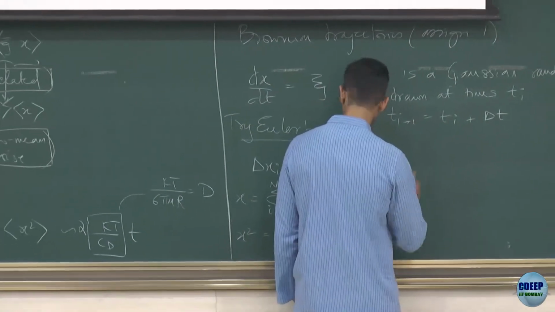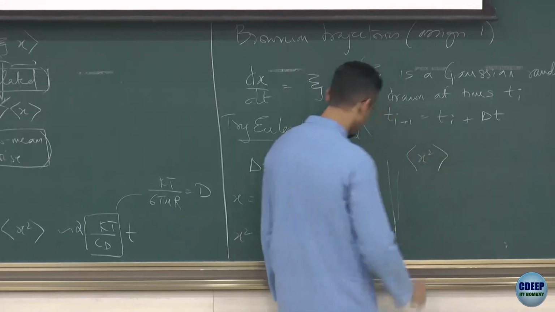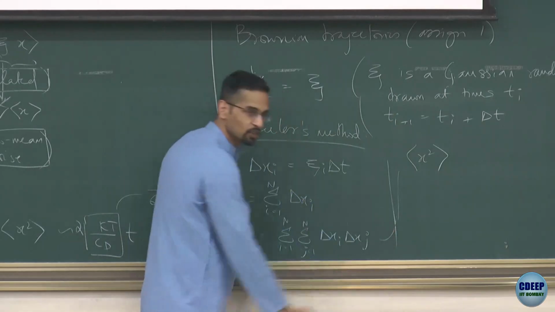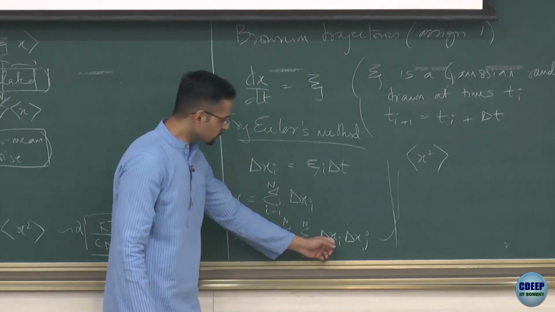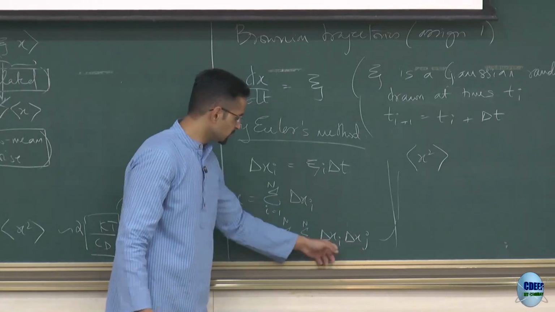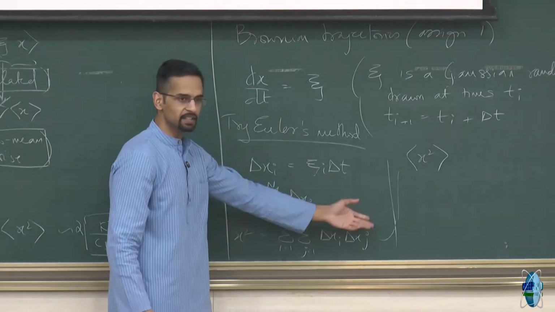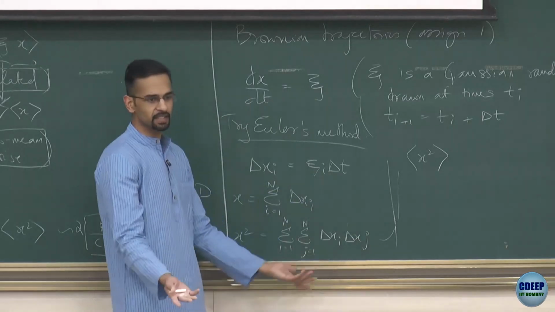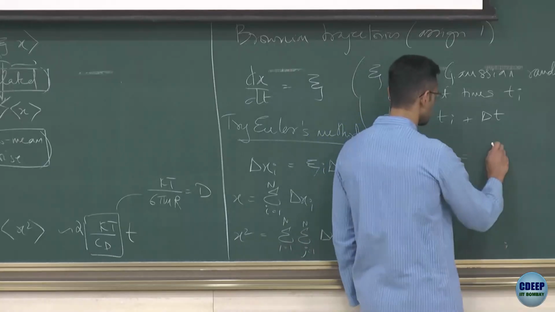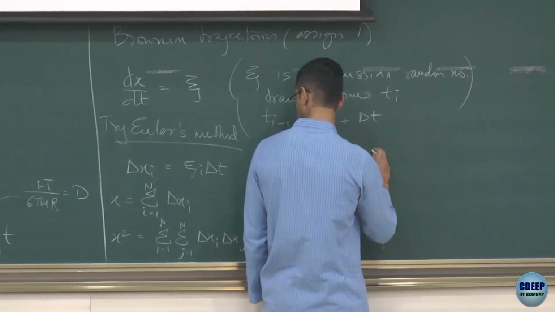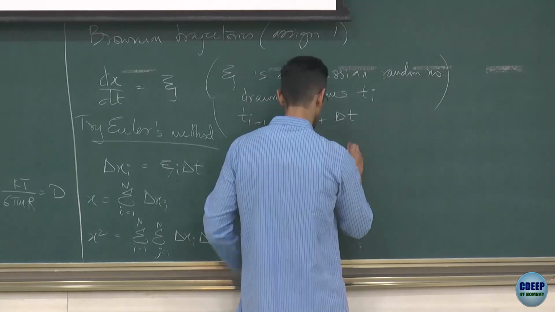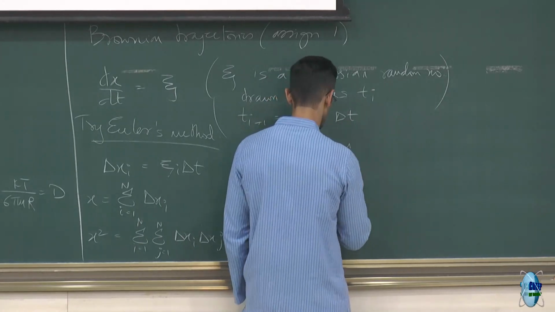And now if I take the ensemble average, I want to know how this will evolve in time. So I have to apply the variance across both of these. But now immediately you will see that these two are uncorrelated, because these are nothing but those zeta_i's times delta t squared, and zeta_i and zeta_j are uncorrelated. They are two different random numbers. So immediately I will get the summation.